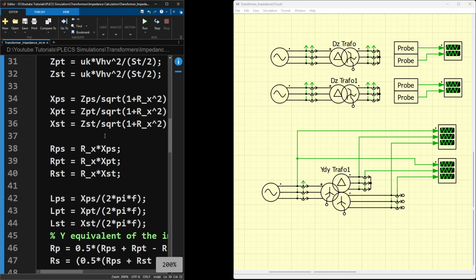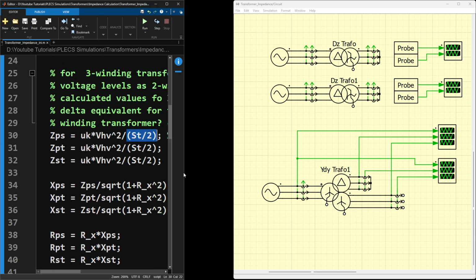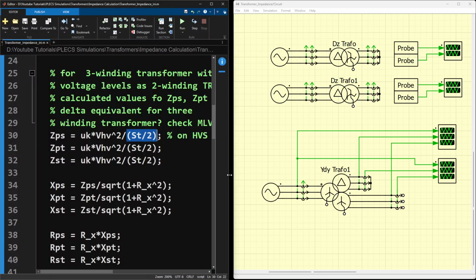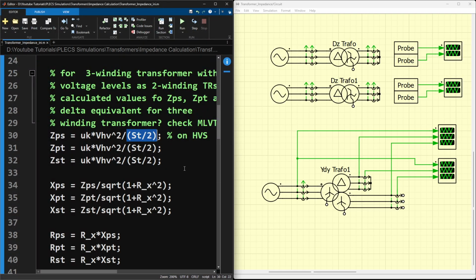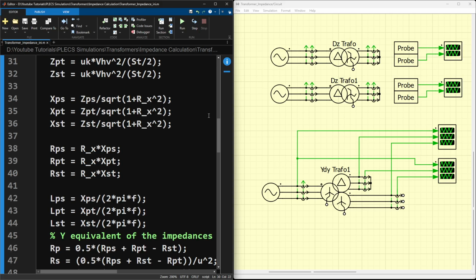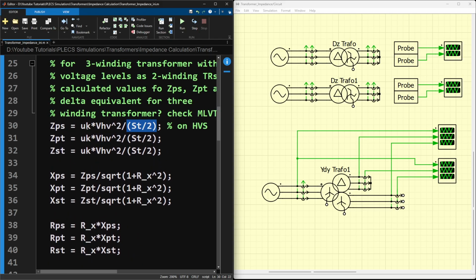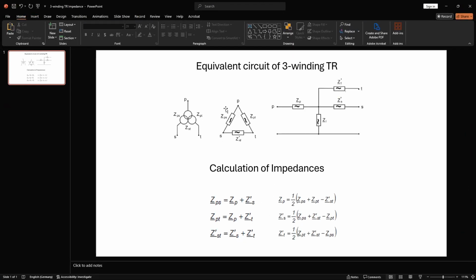So let's continue. So here in the script, you can notice the implementation of the formulas that I showed you in the presentation. So first, for the ZPS, these three are the delta equivalent of the equivalent circuits. That means these three impedances.